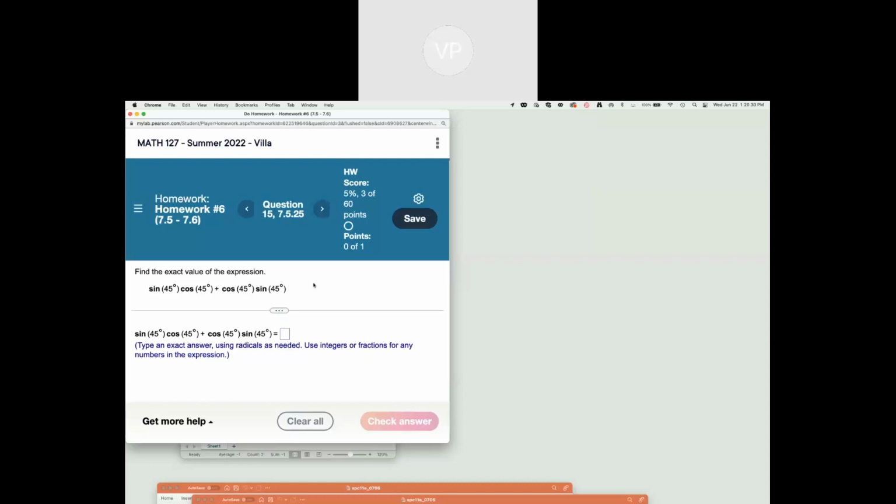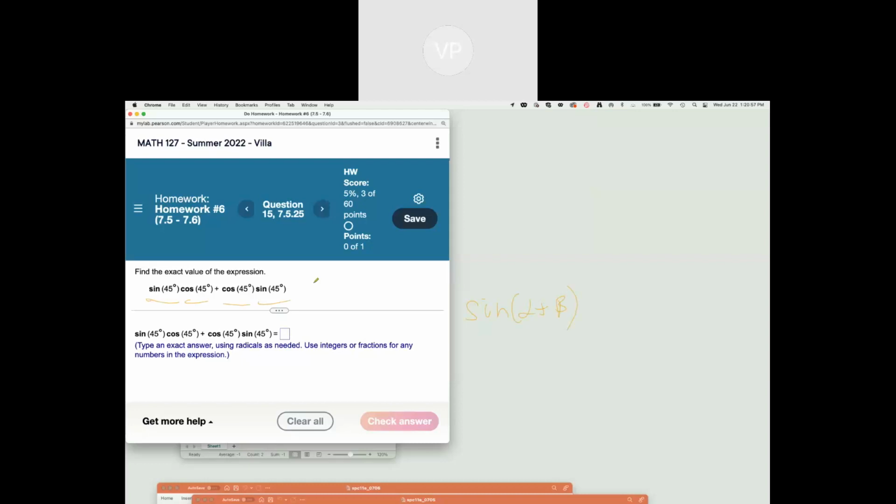Okay? So number 15, question number 15. We have sine 45, cosine 45, plus cosine 45 sine 45. One way I can do it is I can just find each of these values and I can then get each value, multiply them, add them up and get the answer. Or I can look at it and say, this looks just like the sine of alpha plus beta formula.